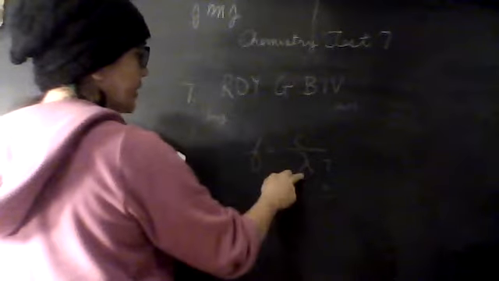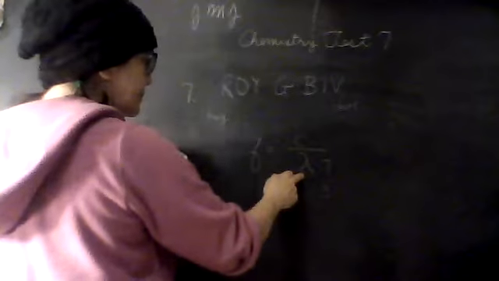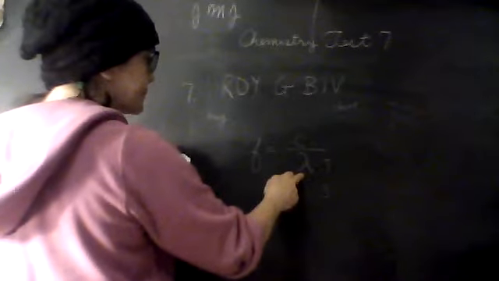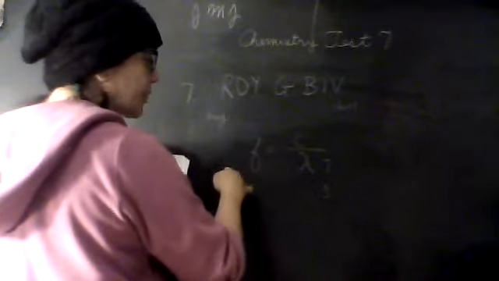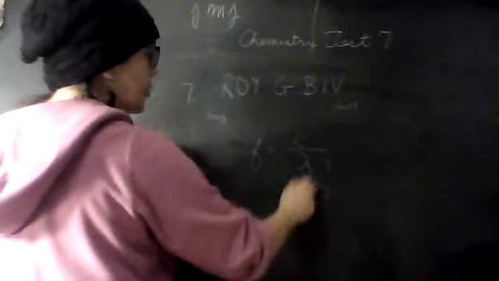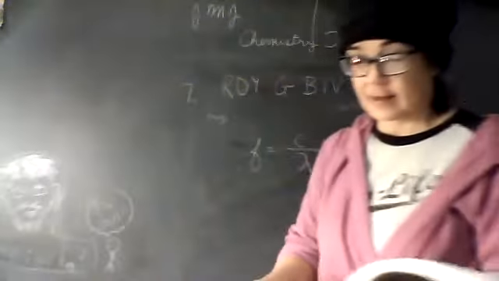The bigger the wavelength is, the smaller the frequency is. And the shorter the wavelength is, the larger the frequency is.